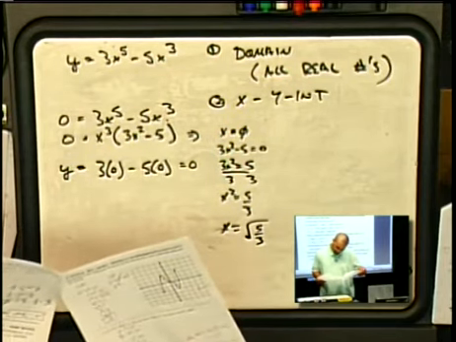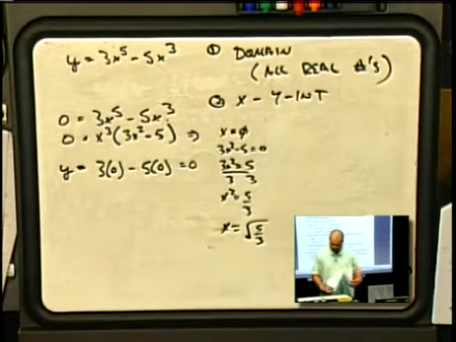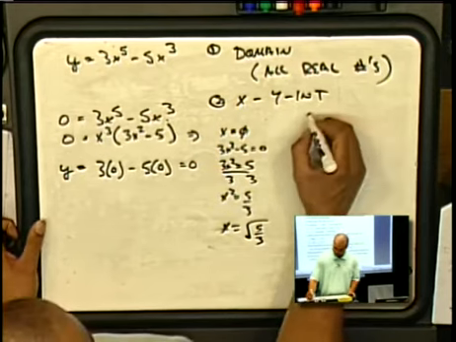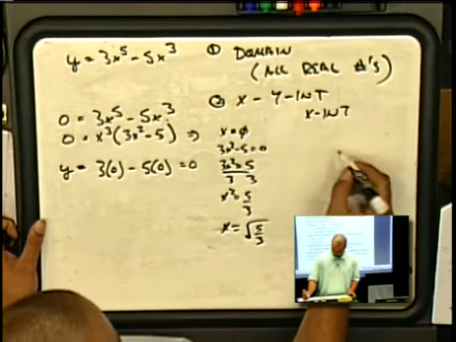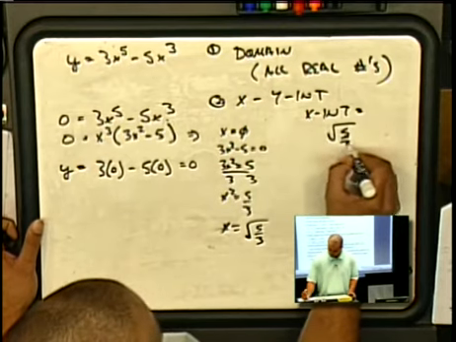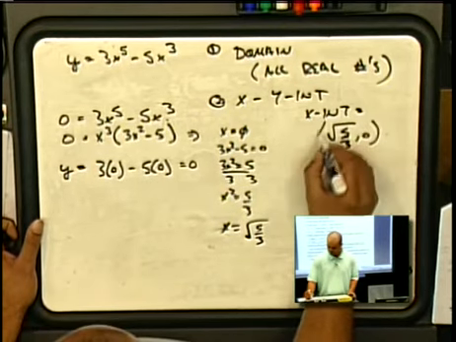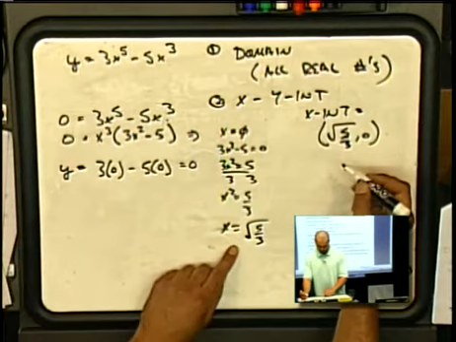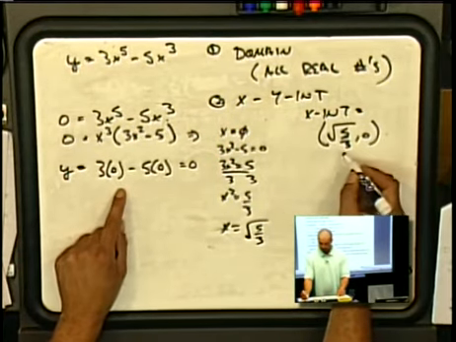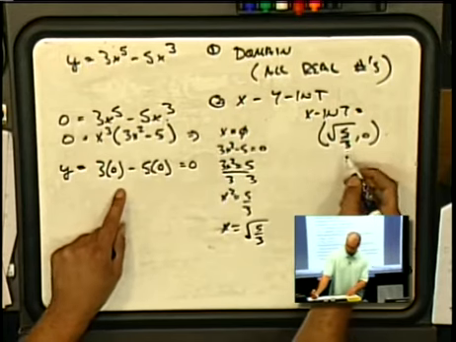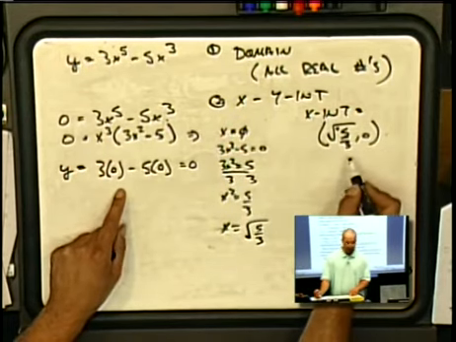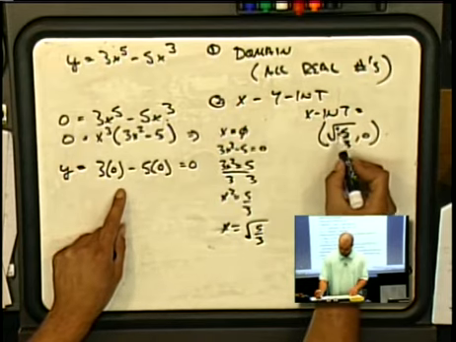Oh, yeah, that's right. So these are your x-intercepts: the square root of 5 over 3 and 0, and this is going to be a plus or minus. So that's 2 points.